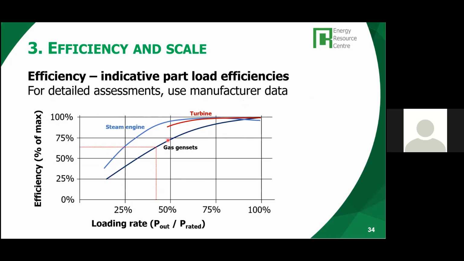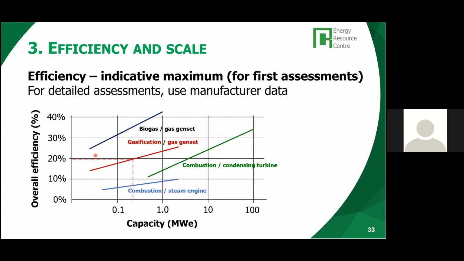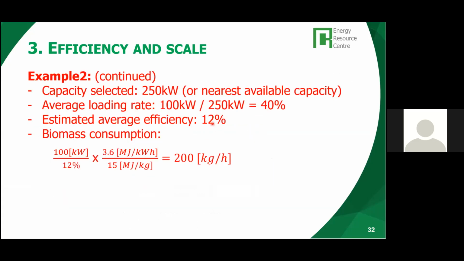So that means that this actual efficiency really starts to decrease. And in this case, you could have, say, 60 to 65% of its maximum efficiency, and that means that it could be as low as, let's say, 12% overall average efficiency.